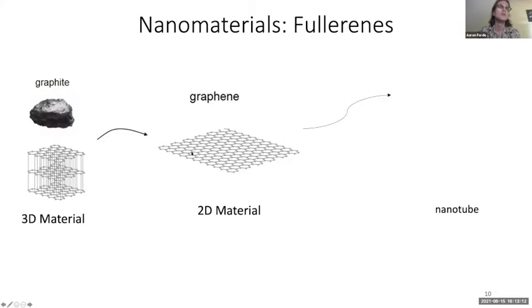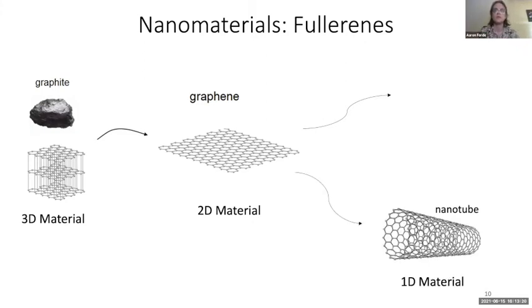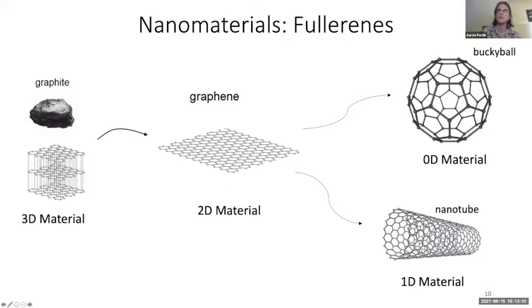You can also consider that if you have the right size of graphene, you can roll it up into a tube, which are known as nanotubes, which would be classified as a 1D nanomaterial. You could also imagine that this 2D sheet could be wrapped into a ball, so a 0D material.